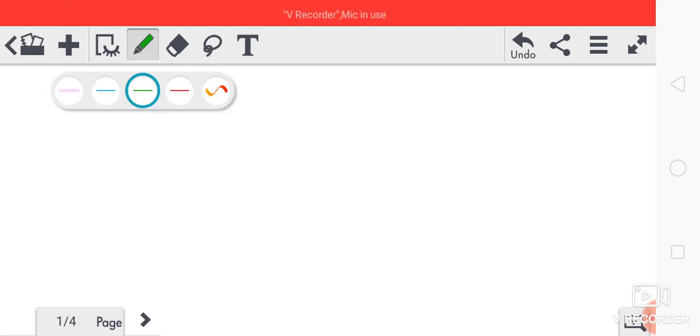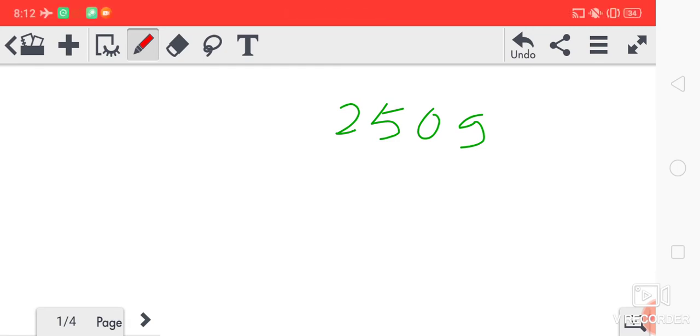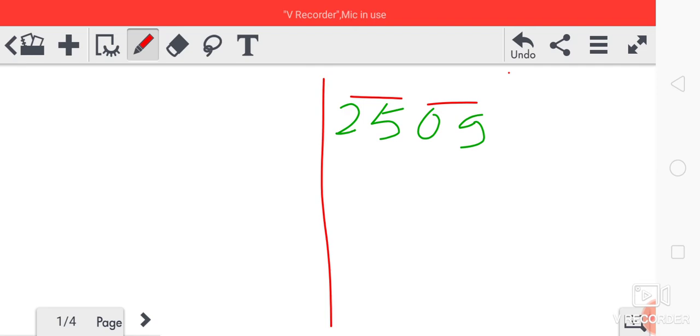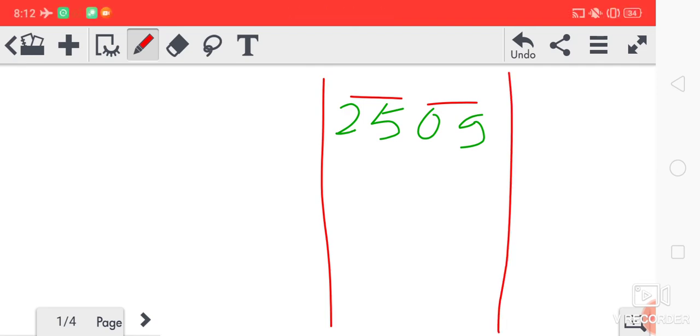So 2509. Now we'll make the pair of 2 digits. Okay, now what number should we take so that if we multiply by the same number, it should come less than or equal to 25?